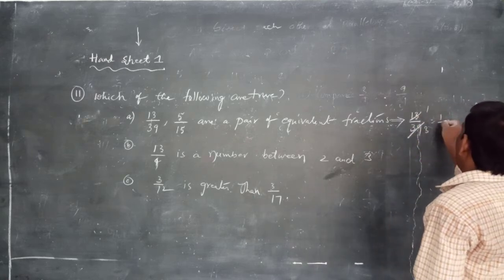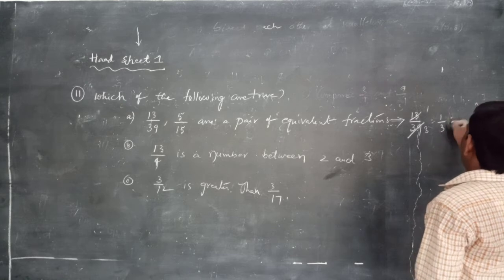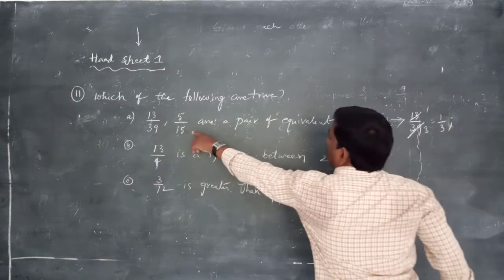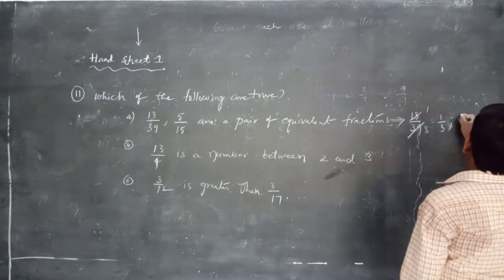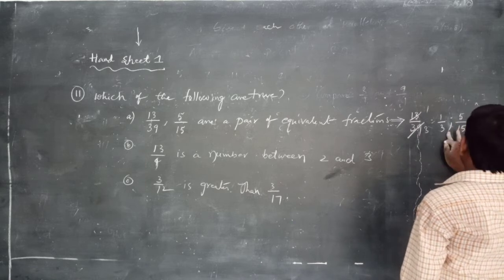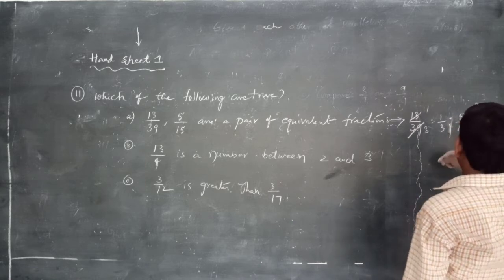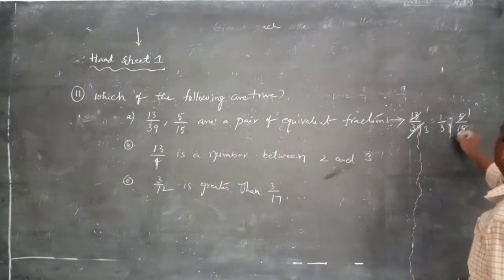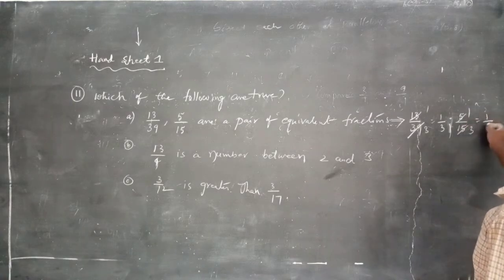We get 1 by 3. And 5 by 15. 5 table 1 time, here 3 times. It is also 1 by 3.